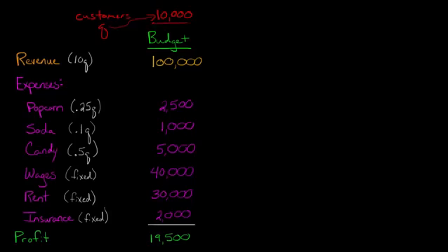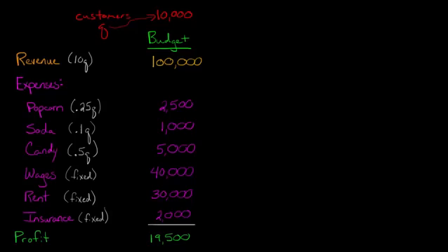So when we have 10,000 customers, we just multiply that by 10. That's why I've got 10Q over here. 10Q is our formula for calculating our revenue for that month. Q is 10,000, so 10 times 10,000 gives us 100,000. That's how we budgeted our revenue for the month.